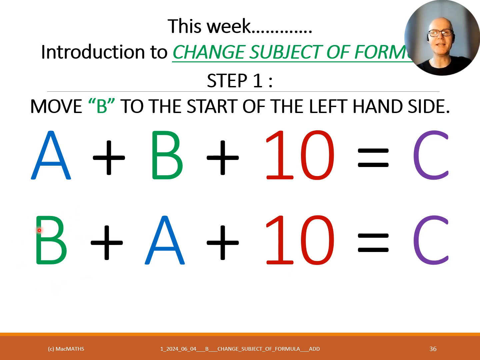So let's have B at the extreme left of the left hand side to start with. Now, we've changed from A plus B plus 10 to B plus A plus 10. So we haven't changed any signs, but was that an okay thing to do? Could we just shift the B and the A around? Could we just turn them around? Is that okay?